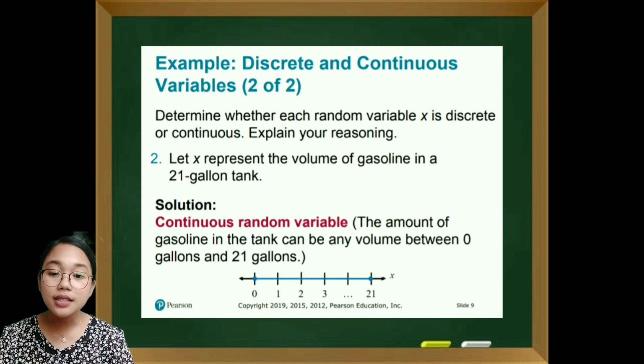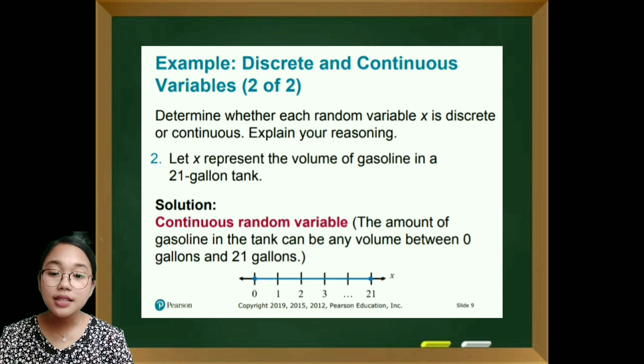So this example cannot be counted. The hours spent on sales calls in one day can be any time between 0 and 24 hours, since in one day, there are 24 hours. Okay? Example of discrete and continuous variable.